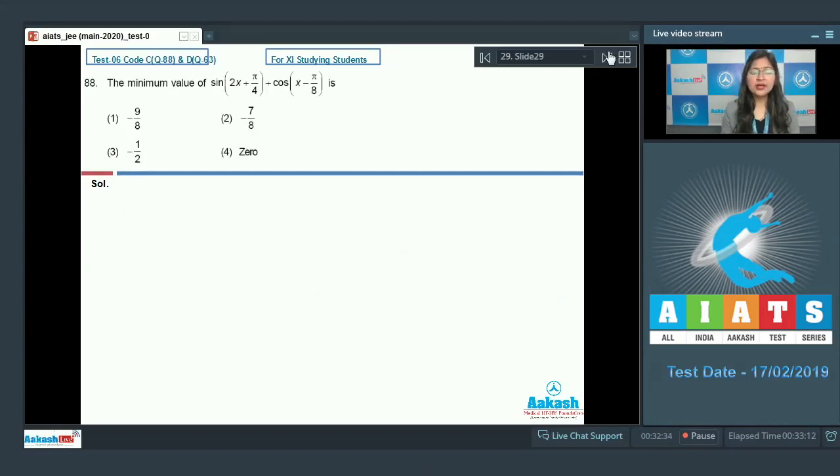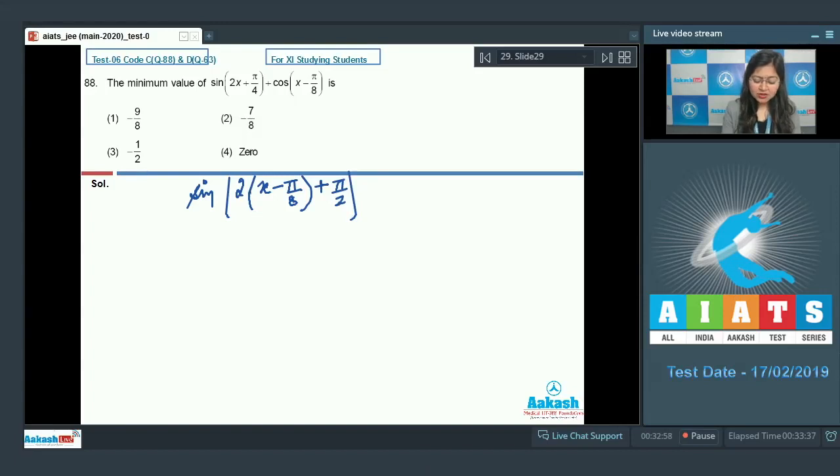Next is question number 88, which says that the minimum value of sine of (2x plus pi by 4) plus cos of (x minus pi by 8) is. Now, here we can observe that 2x plus pi by 4 can be written as 2 times (x minus pi by 8) plus pi by 2.